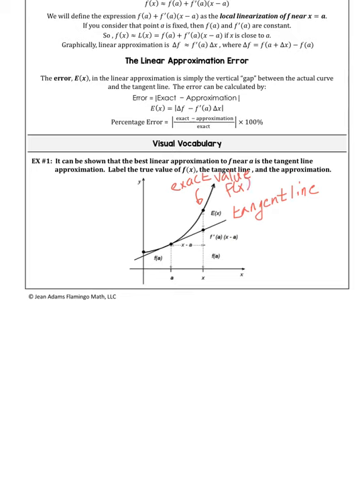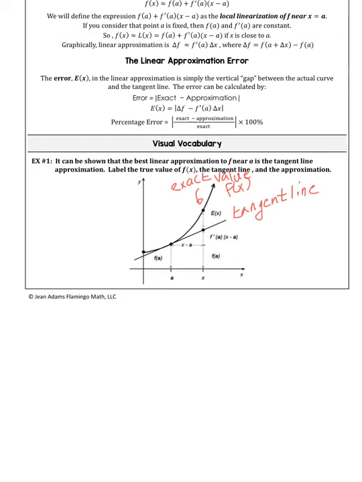Then we are going to use the value of a, which would be, so here's your A, that's our approximate value, and here's your X. That's why this is our exact value. X would be on this function here. A is also on our function, but it's also on our tangent line here.